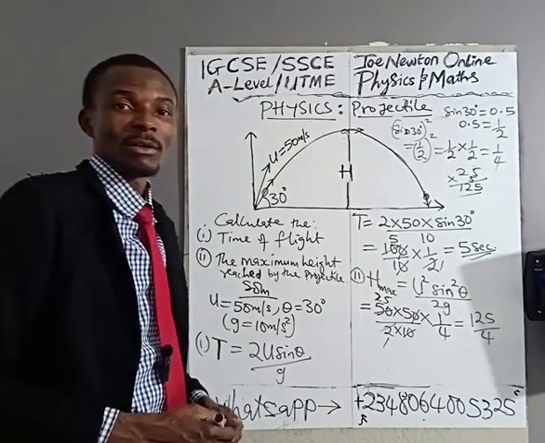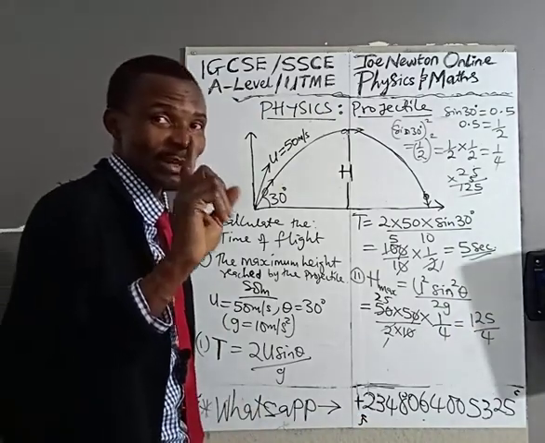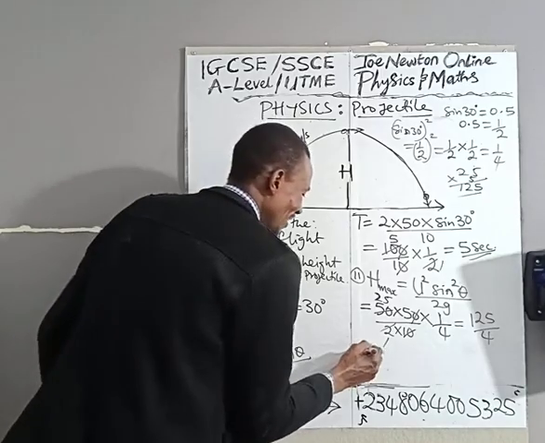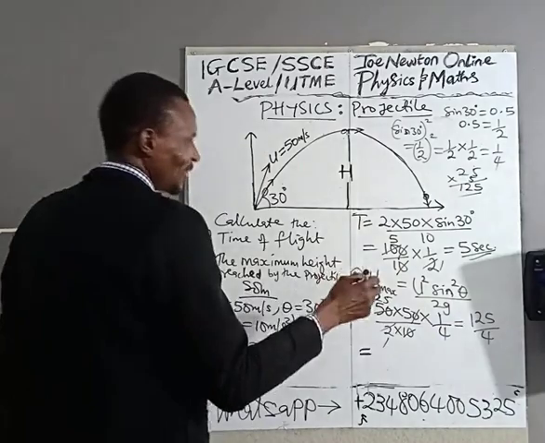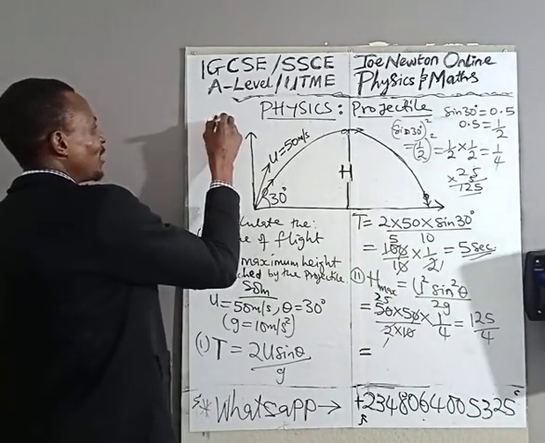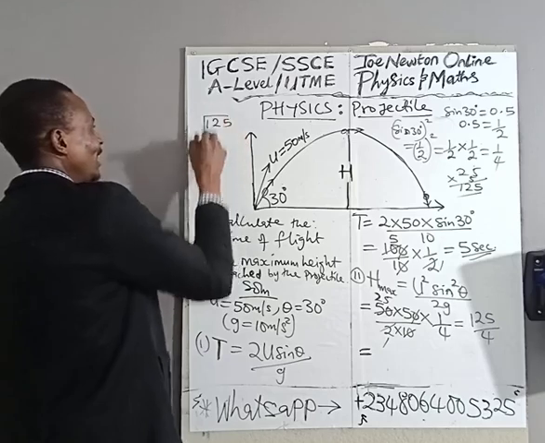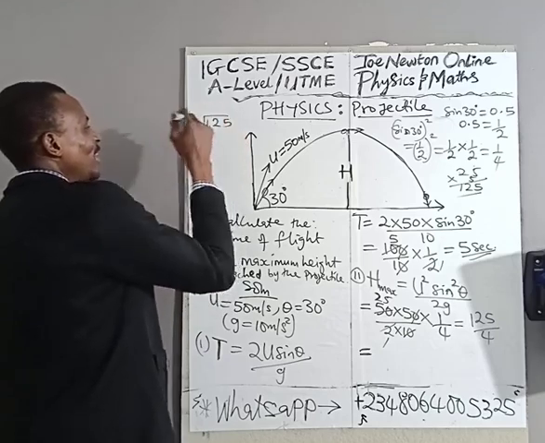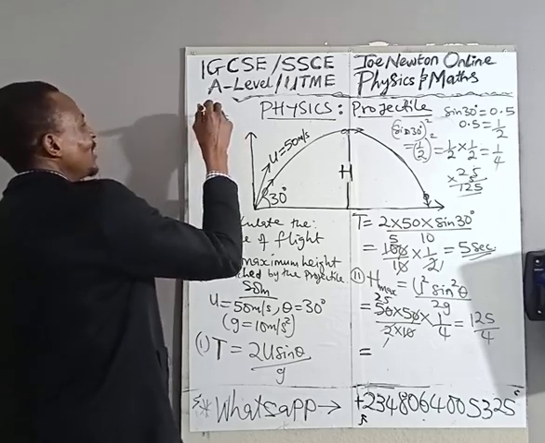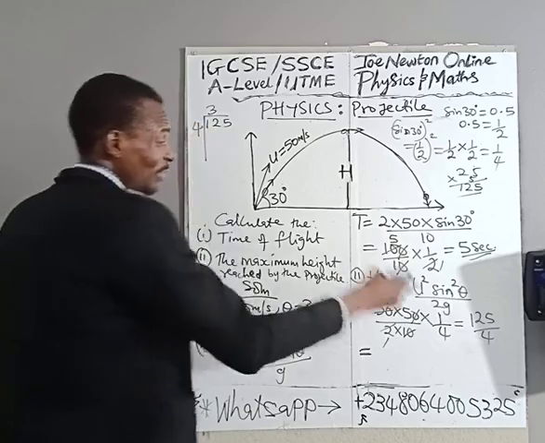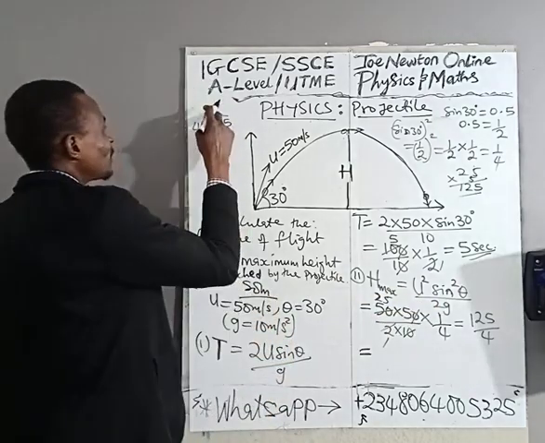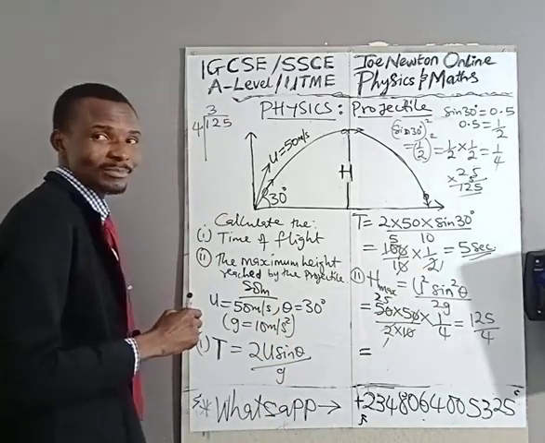Are you afraid? Don't worry. Do not bring the calculator. Okay? When you have 125 divided by 4, 4 divided into 12, what will you get? You get 3.